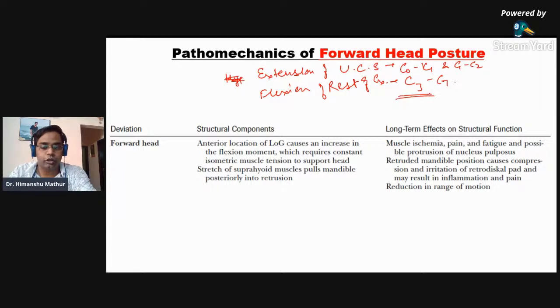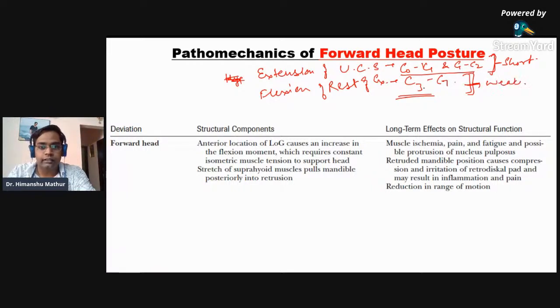There is a flexion of the lower spine and the extension of the upper cervical spine. So the extensors of the upper cervical spine will undergo shortening, and the extensors of the rest of the spine will undergo weakness.